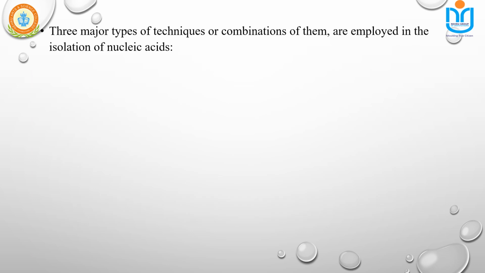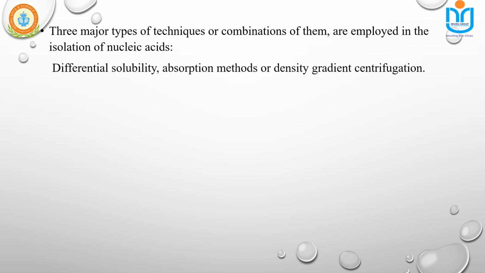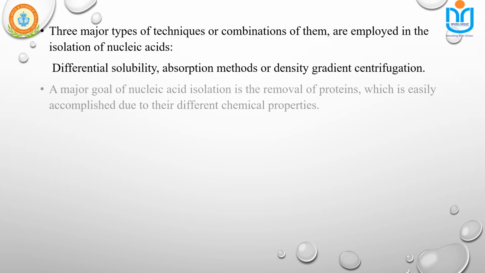Three major types of techniques or combinations of them are employed in the isolation of nucleic acids: differential solubility, absorption methods, or density gradient centrifugation. A major goal of nucleic acid isolation is the removal of proteins, which is easily accomplished due to their different chemical properties.